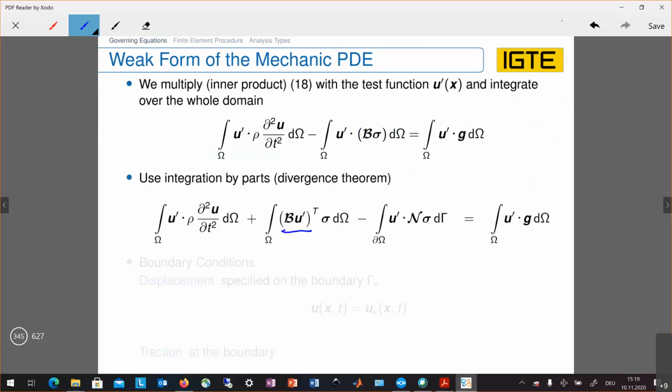In addition, we get this integral over the surface due to this integration by parts.